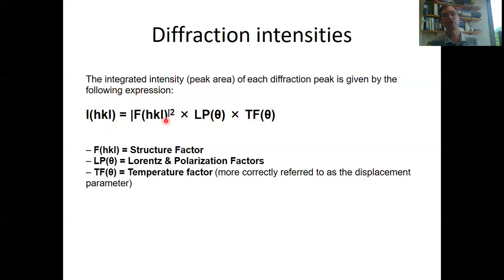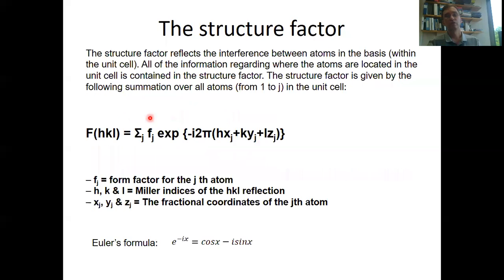Okay, so now I said previously that the structure factor contains the atom coordinates. Therefore, in the following, we will look at the structure factor in more detail. You can see from this formula here how it contains the absolute atom coordinates. The structure factor is actually the sum of the atomic form factors over all the atoms j, times this exponential term here, which contains the atom coordinates x, y, and z.